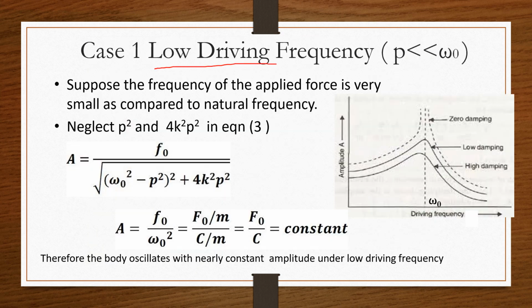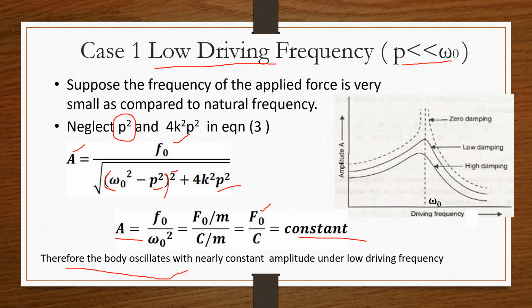In the case of low driving frequency, that is when the frequency of the external periodic force is much less than the natural frequency of the oscillator, we can neglect p square. So here you have p square, again there is p square. So the expression for amplitude becomes a is equal to f0 by root of omega 0 square the whole square, or a is equal to f0 by omega 0 square, which is equal to f0 by c, which is a constant.